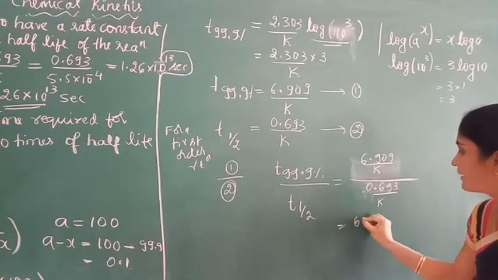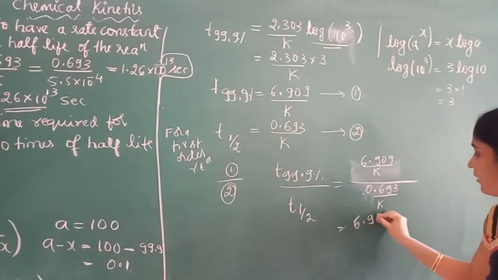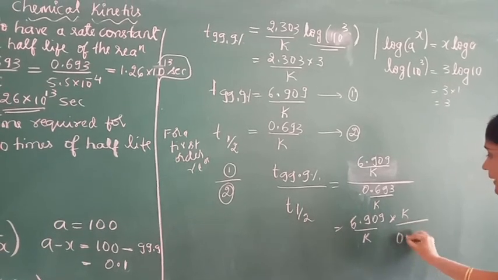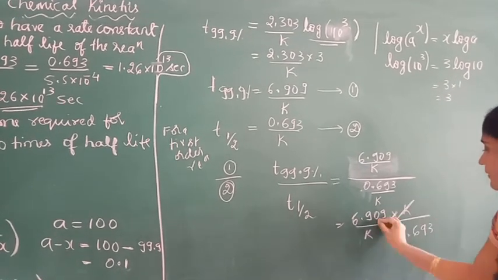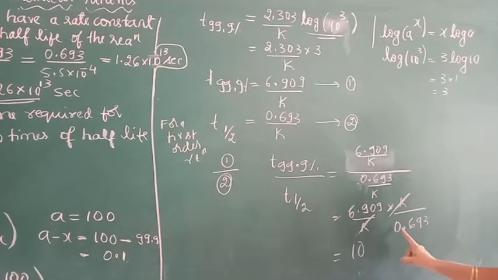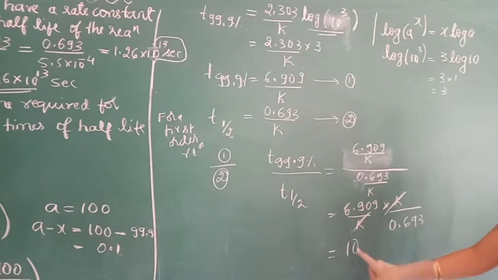It can be written like this: 6.909/K into K/0.693. So here 6.909 divided by 0.693 we get 10.